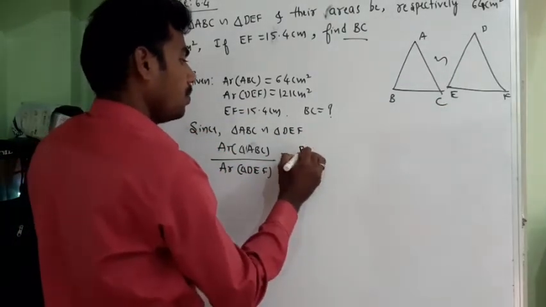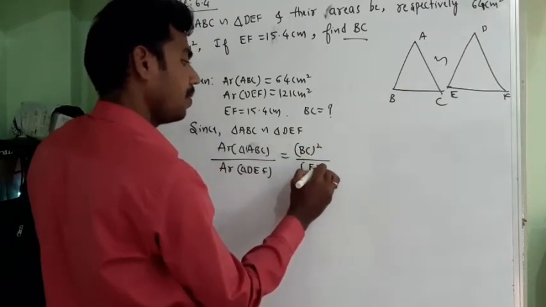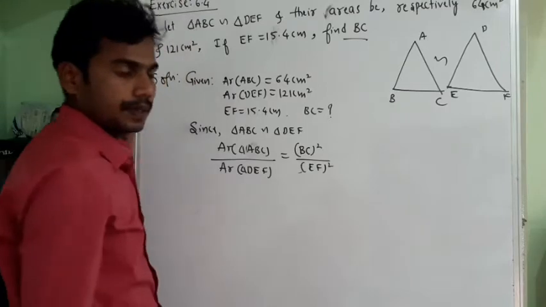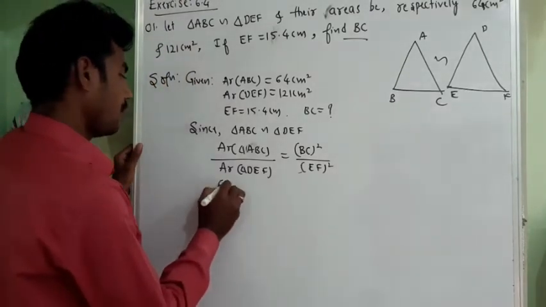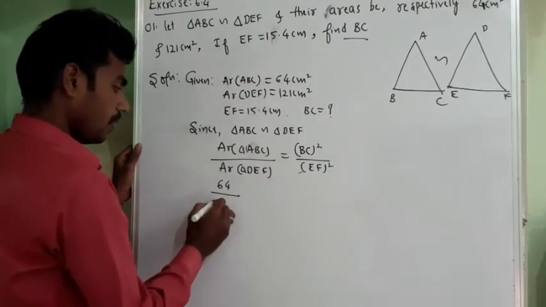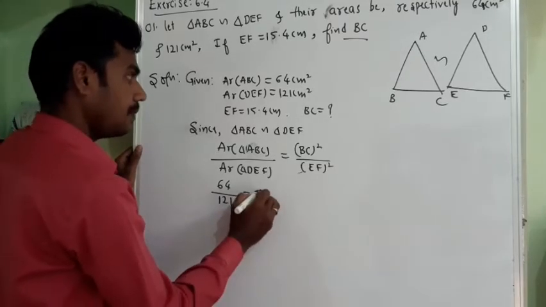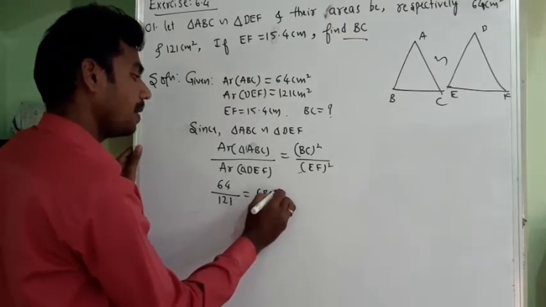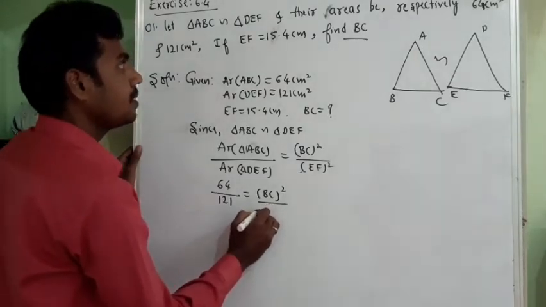So BC whole square divided by EF whole square. Next, area of triangle ABC is 64, area of triangle DEF is 121, is equal to BC, which we need to calculate. I'll keep it as it is. EF is given.